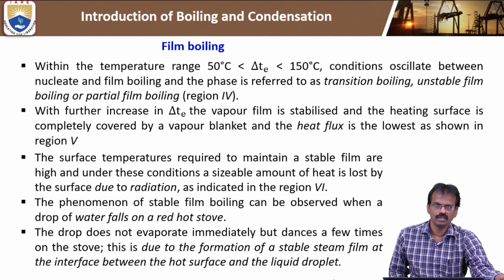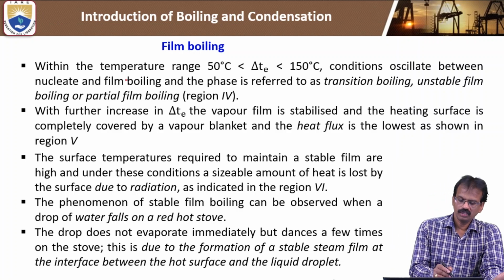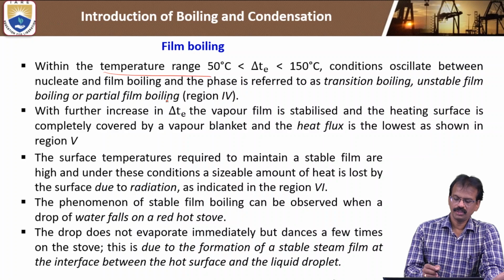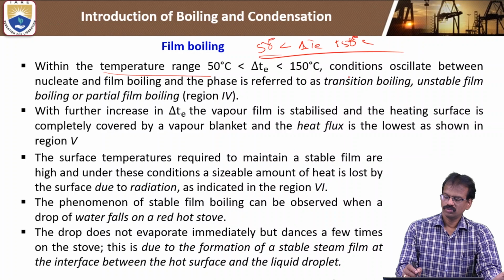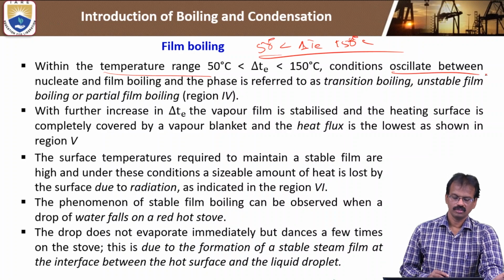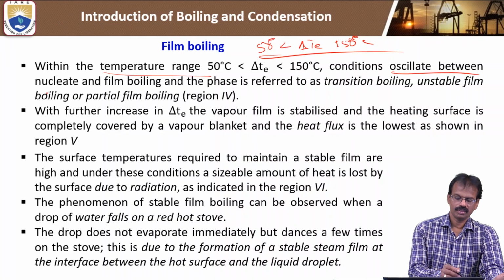So it reaches a very low point. Within the temperature range, we will say 50 degrees to 150, in between this type of region we can see it. So under these conditions, film boiling oscillates between nucleate and film boiling.